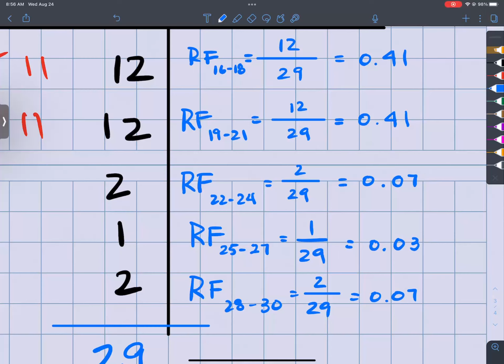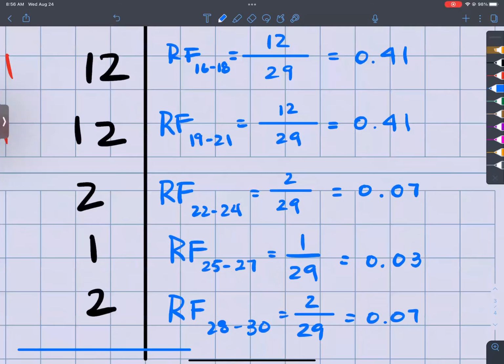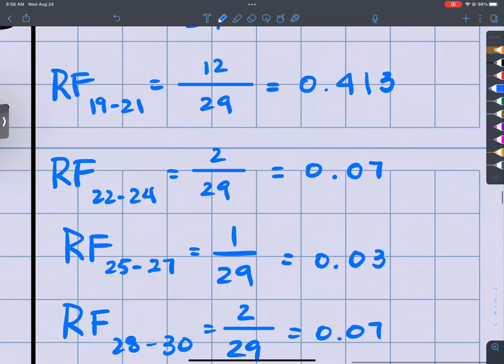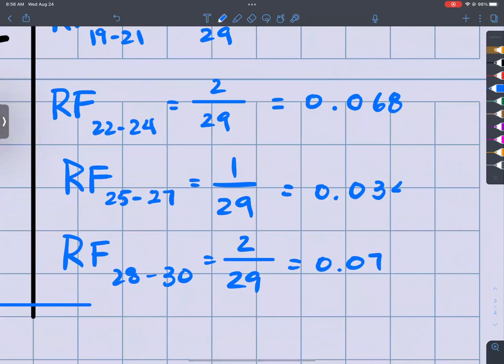So if we go back up to the 0.41, give me another digit on that. The 12 divided by 29 is 0.13. So this is 3. And then 0.07 was 0.068, I believe someone said. So that means this would be 3.4, and this would be 6.8.